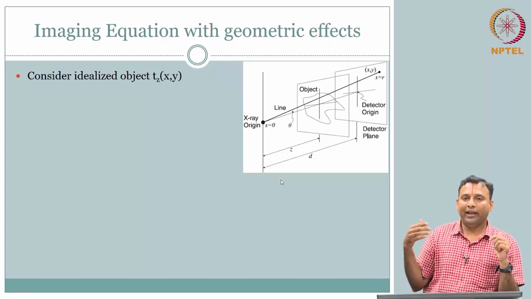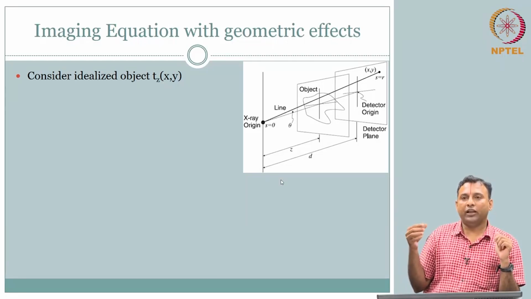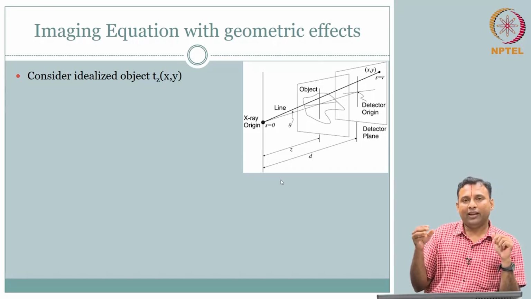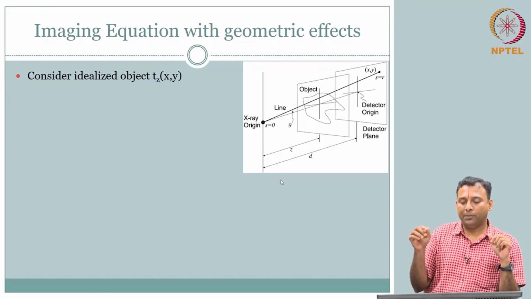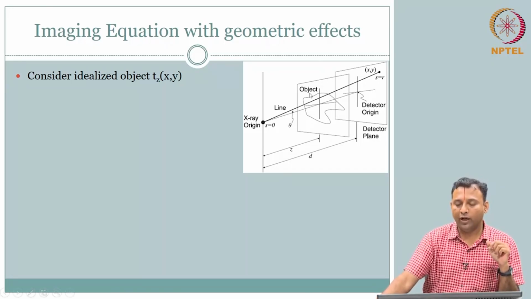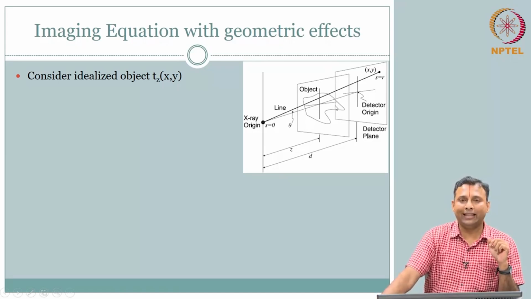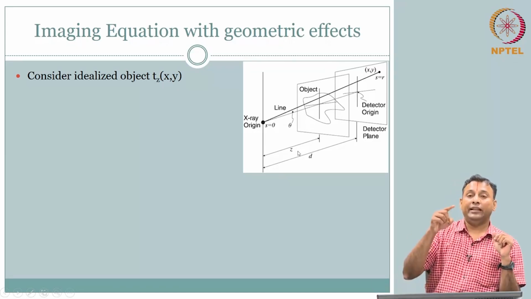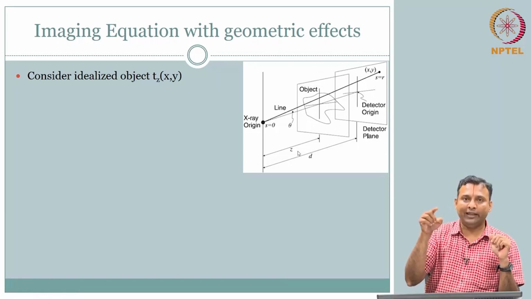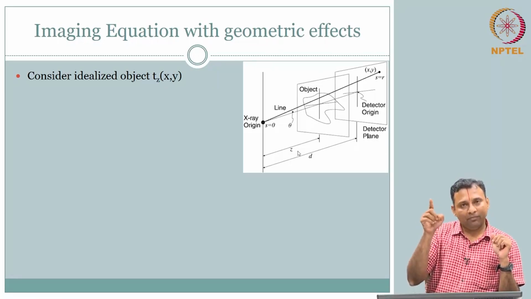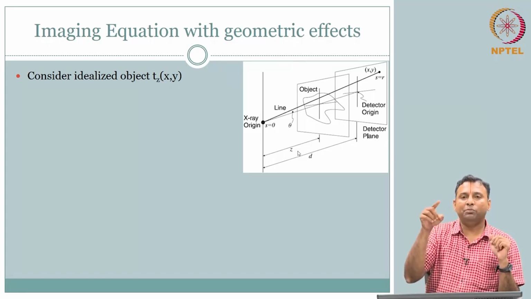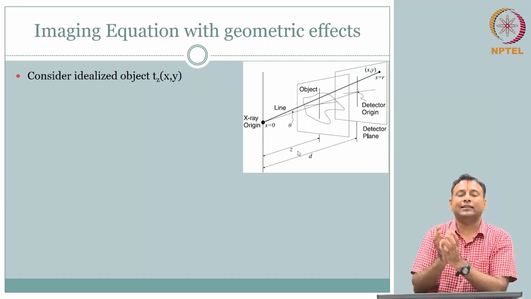So how do I make my life simple? Instead of talking about three dimensions, we can conveniently collapse the object to two dimensions and say, instead of writing it as e power minus mu delta x, I can make that whole e power minus mu delta x a factor.